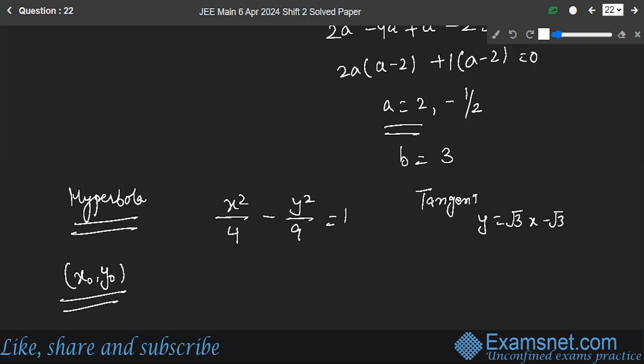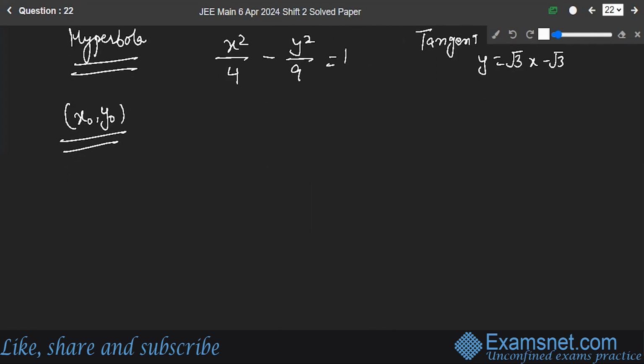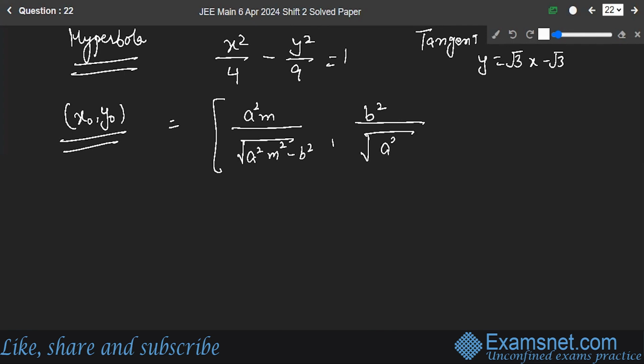So what is the point of intersection? This point of intersection will be x naught, y naught, which is a square m upon root of a square m square minus b square, and b square upon root of this.